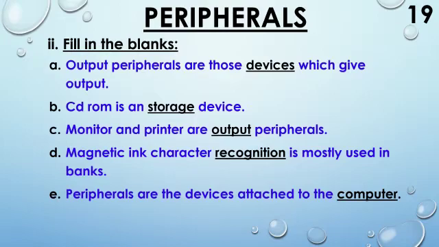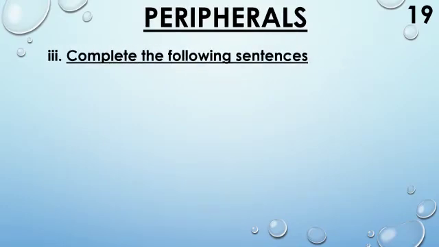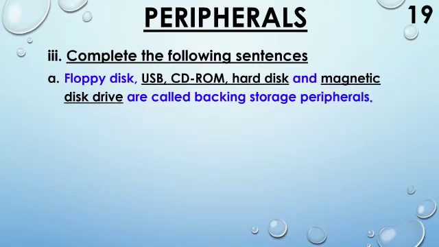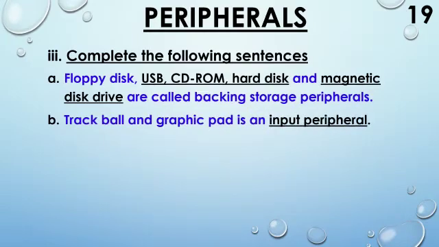Now the third exercise, complete the following sentences. A. Floppy disk dash dash and dash are called backing storage peripherals. Answer is USB, CD-ROM, hard disk and magnetic disk drive. B. Trackball and graphic pad are dash input peripherals.